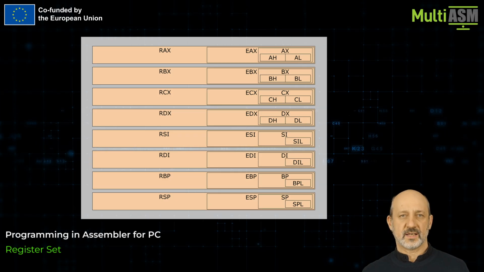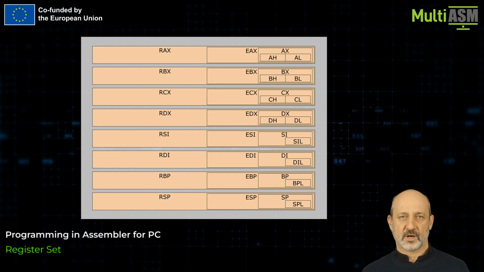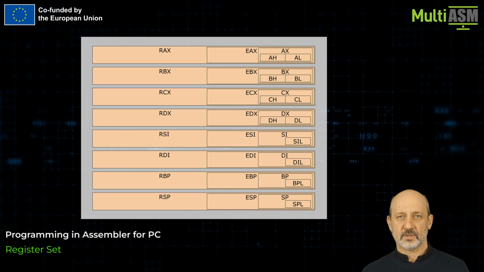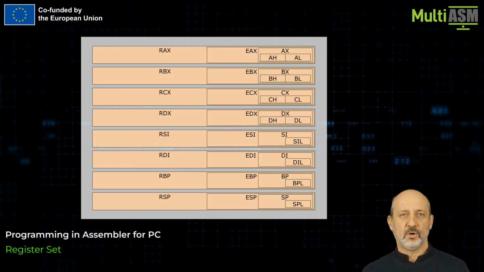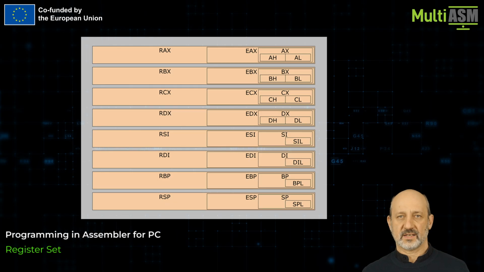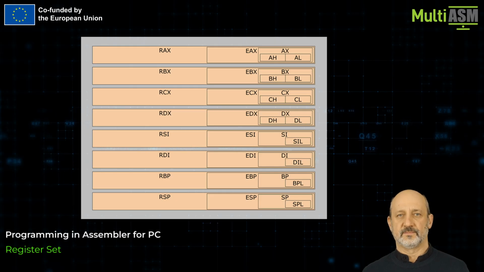Registers can be accessed as 64-bit, 32-bit lower order half, 16-bit lower order quarter named word, and 8-bit lower order byte. The low order word of 4 registers RAX, RBX, RCX, and RDX can be accessed in 2 8-bit halves.